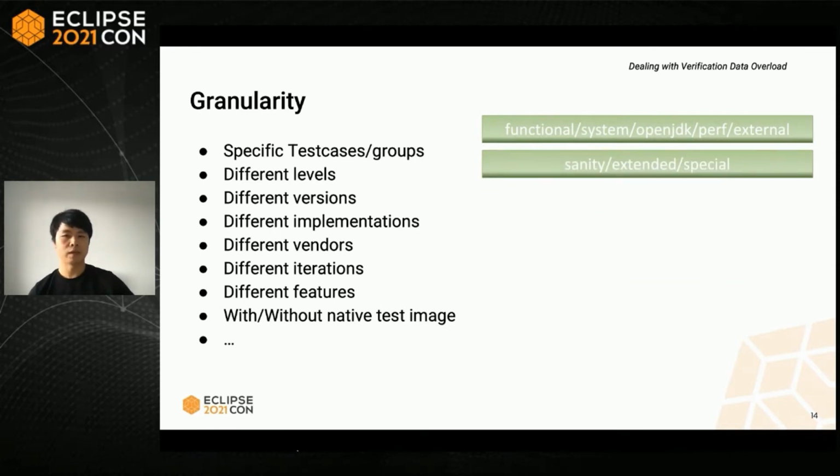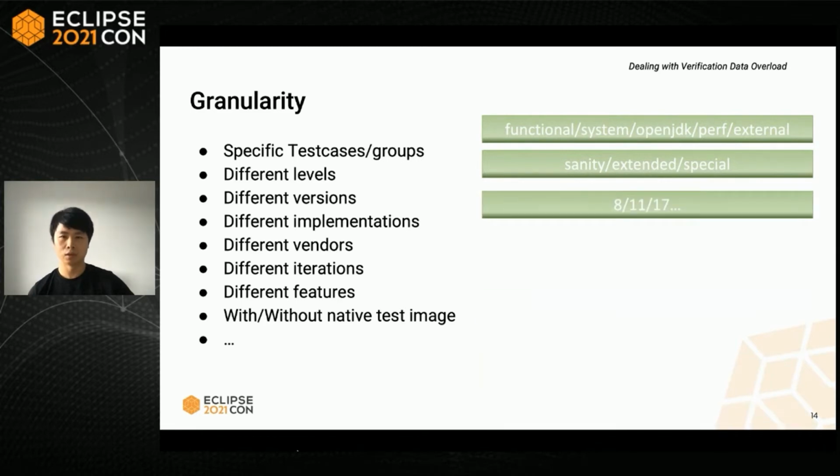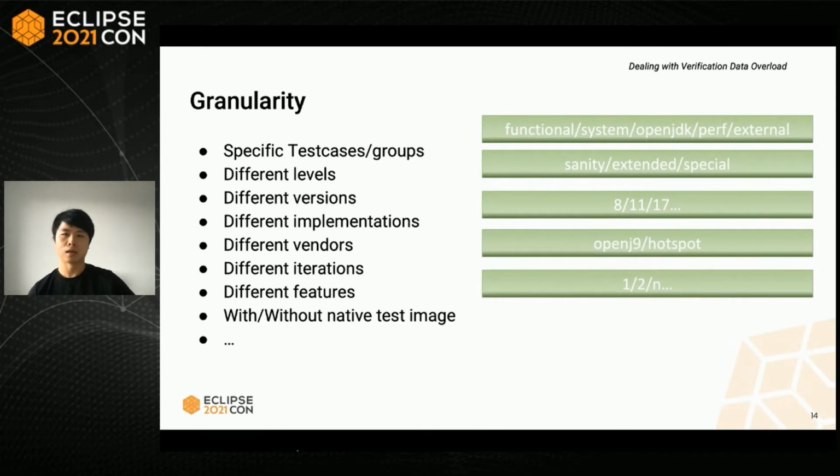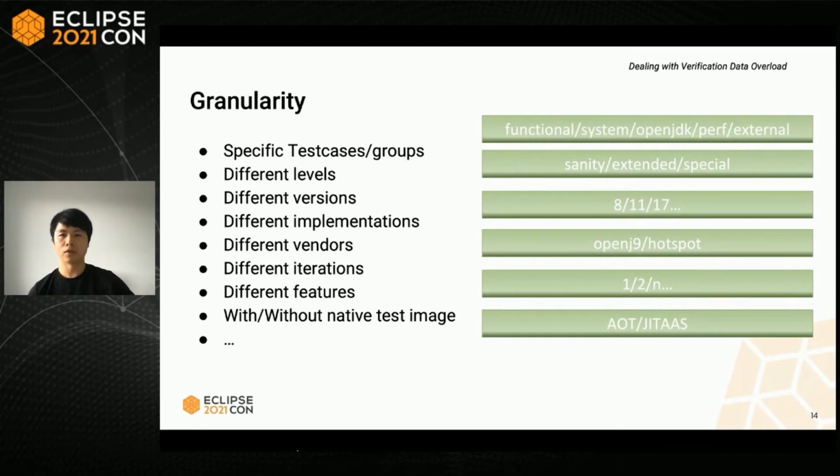These levels can reflect the importance of the test and are also related to the test duration. And we should also be able to specify different JDK versions, different JDK distributions, and different test iterations, and test on different JDK features such as AOT and so on. And we will also need to specify the test with native image or not.